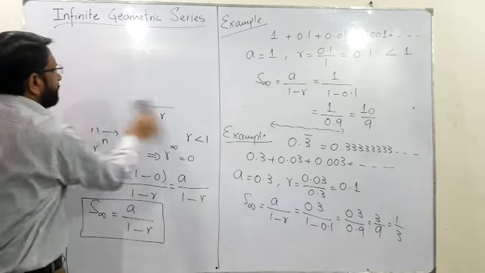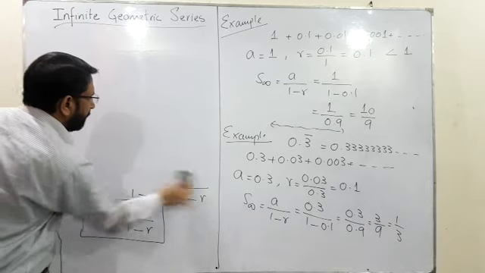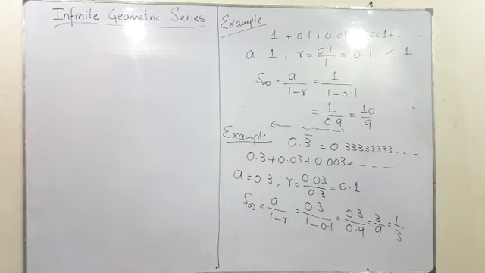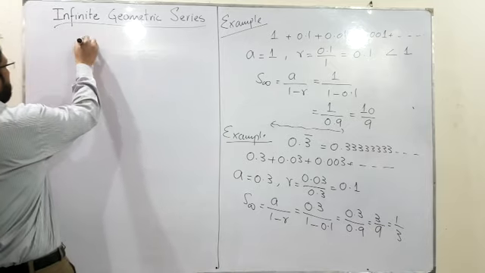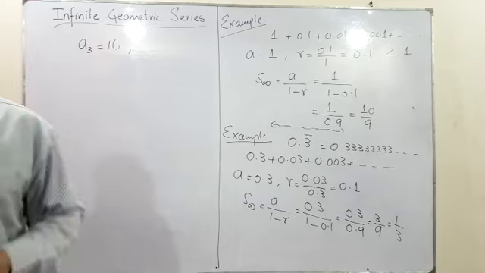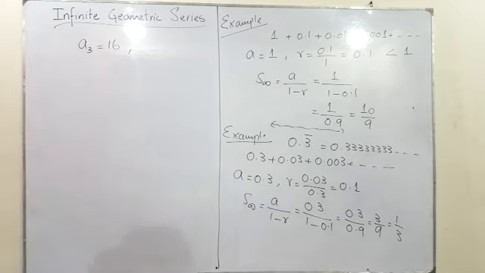Like, a word problem is there. The word problem says that the third term of a geometric progression is 16, and the sixth term is minus 1 over 4.